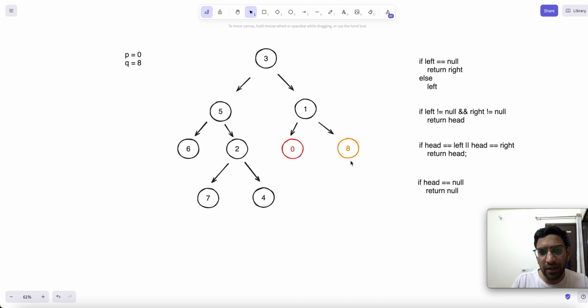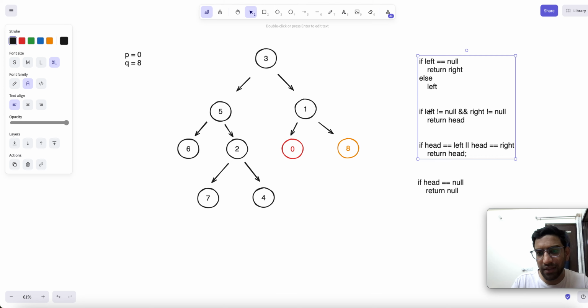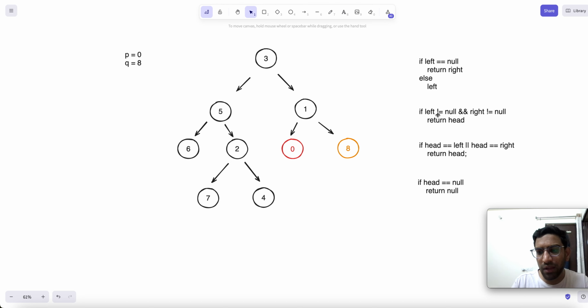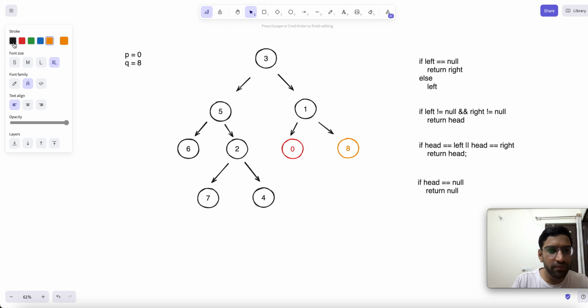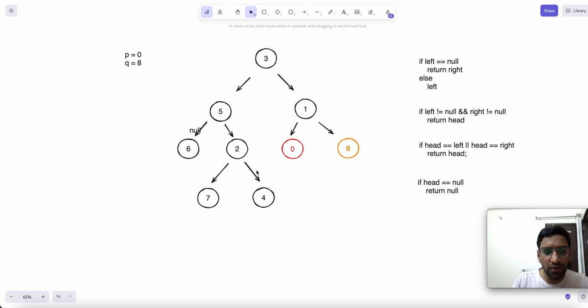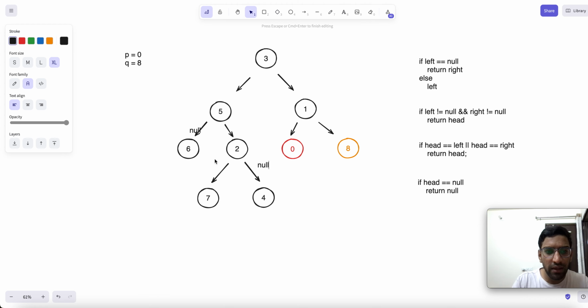So to solve for this, we have added the second condition. If our left is not equal to null and right is not equal to null, we are going to return the head. The first condition is that the leaf node will return null, and it will only return null if during the traversal we didn't get the value of P or Q. So for this test case, this node will return null, and similarly this node will also return null, and this node will also return null, and this will also at last return null.